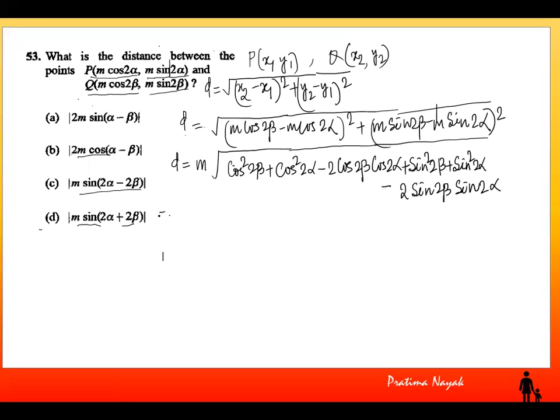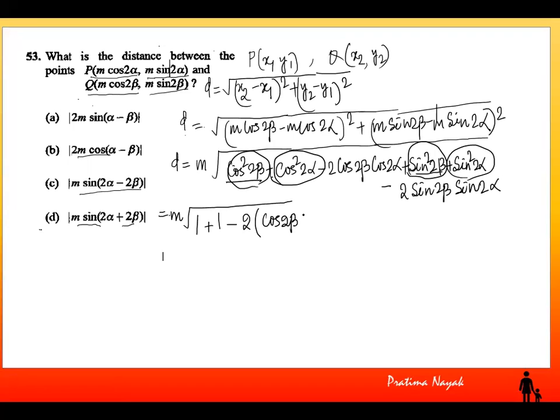Now D is equal to how much? M into, now cos square 2 beta plus sin square 2 beta gives you 1. Similarly, cos square 2 alpha plus sin square 2 alpha makes you 1. And what else remains? If I take negative 2 common, I'm getting cos 2 beta cos 2 alpha minus sin 2 beta sin 2 alpha.